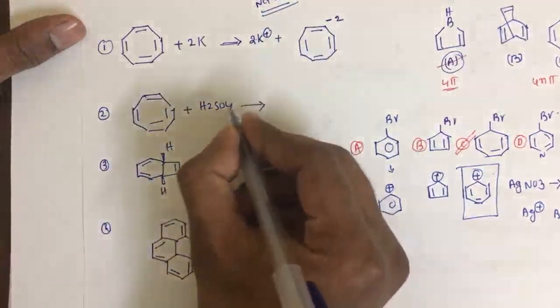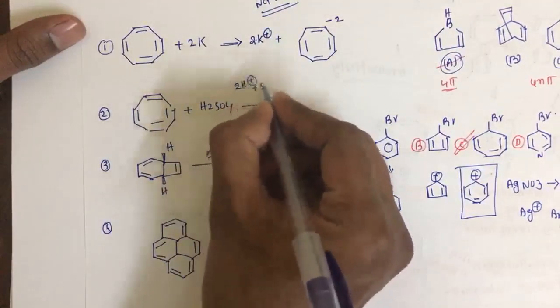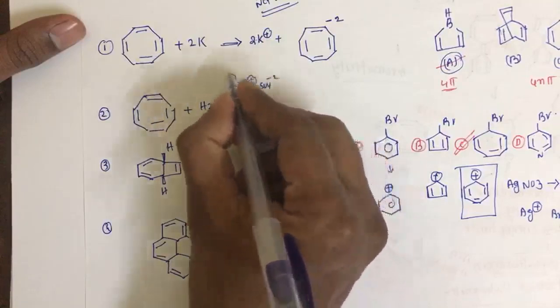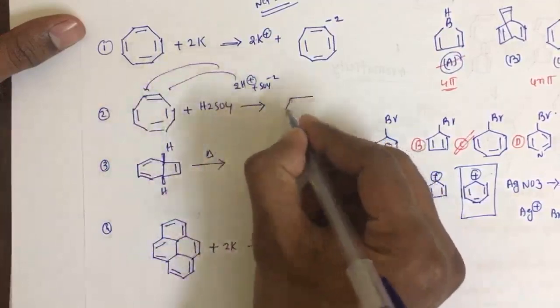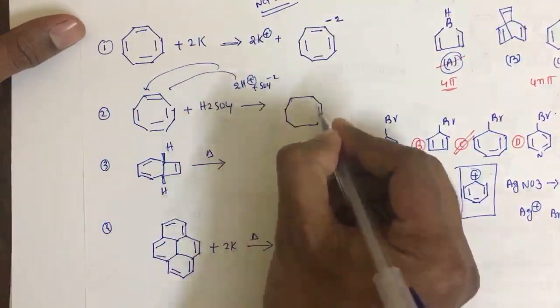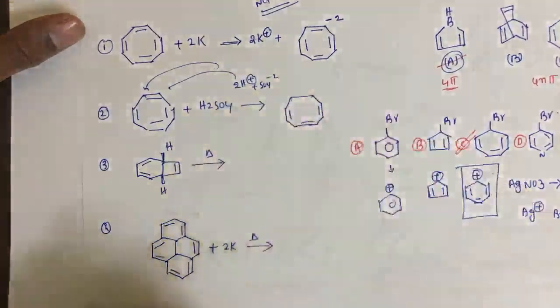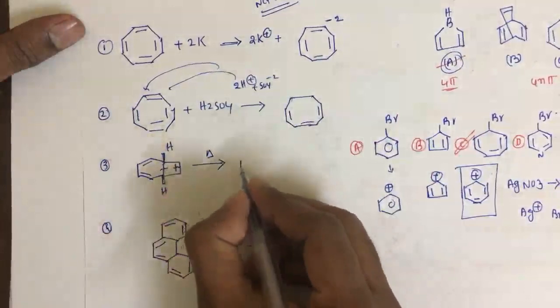Then this one will get converted to 2H plus plus SO4 -2, and these two will form an addition reaction here. Like this, and here this is an electrocyclic reaction.